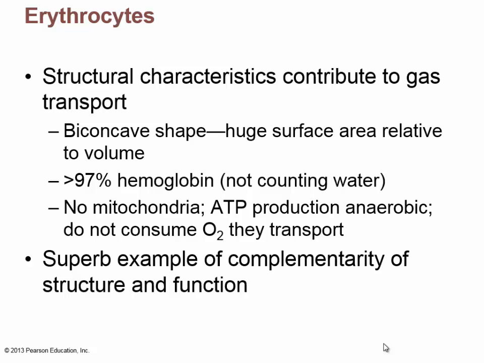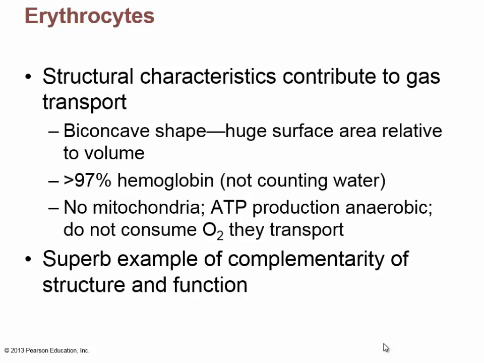When we talked about the different steps of making ATP, if you use mitochondria, what gas do you also need? You need oxygen. It happens in the mitochondria and makes lots of ATP. We don't want oxygen to be needed by a red blood cell. So our red blood cells don't consume the oxygen they transport. You're not a very good transporter of something if you consume what you're transporting.